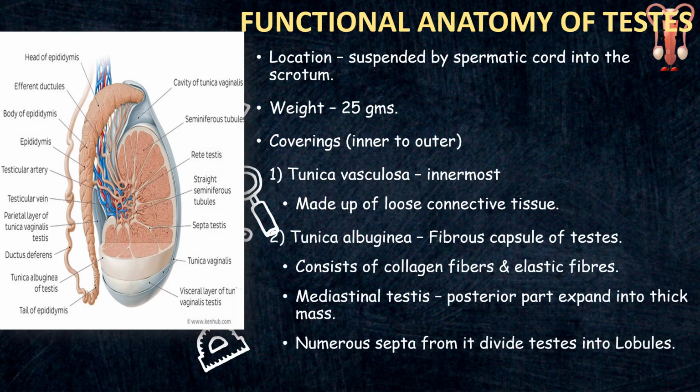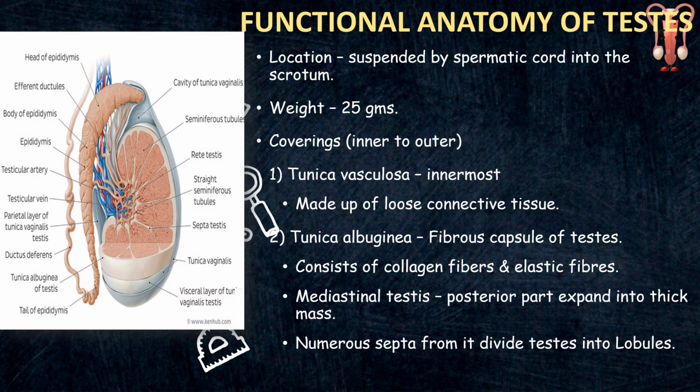The second one is the tunica albuginea, which is the middle layer. It is also called the fibrous capsule of the testis. It consists of closely packed collagen fibers intermingling with many elastic fibers.